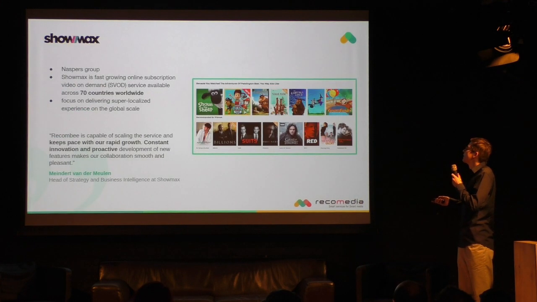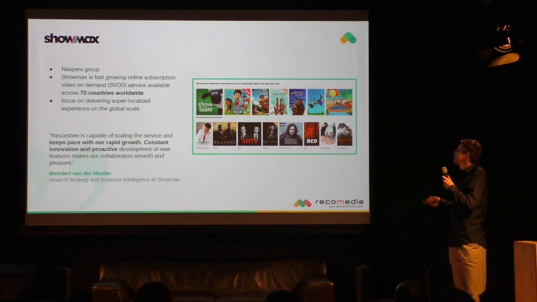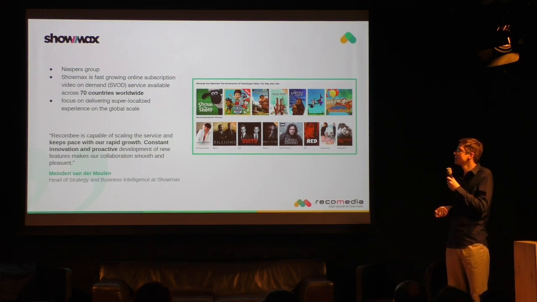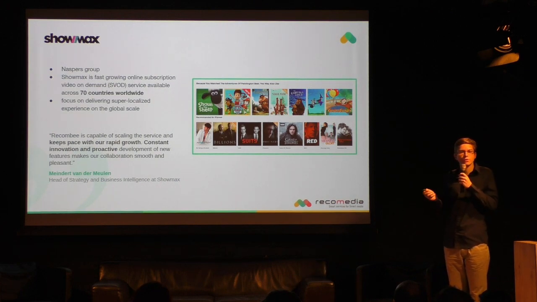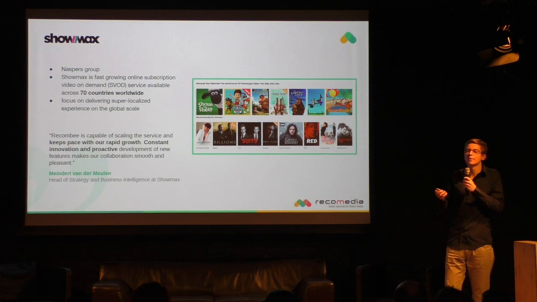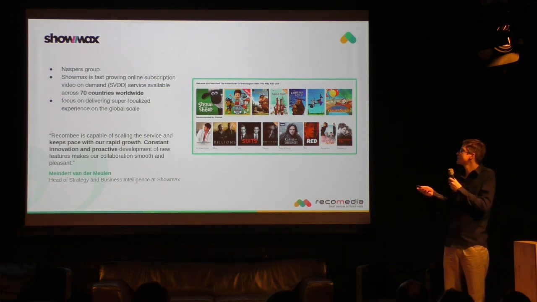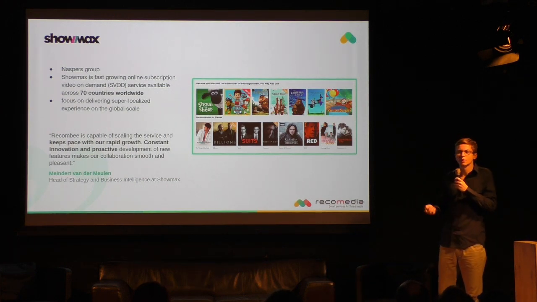On the other hand, there is a company called Showmax, which is a video-on-demand service. They have a lot of shows and a lot of movies. And in this case, of course, you always care about the long-term customer value, but sometimes there are other problems more at hand.